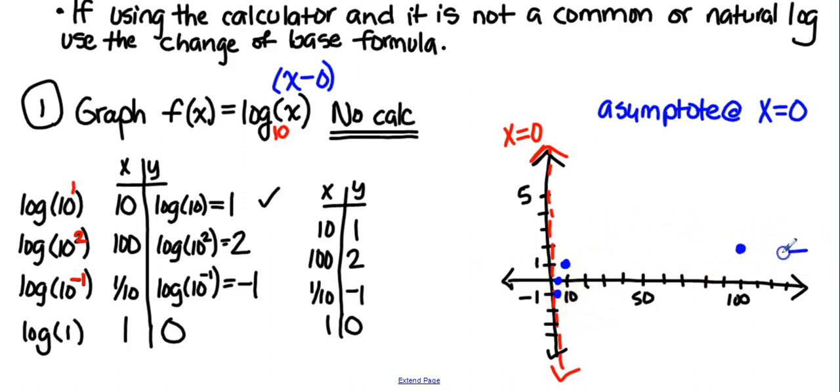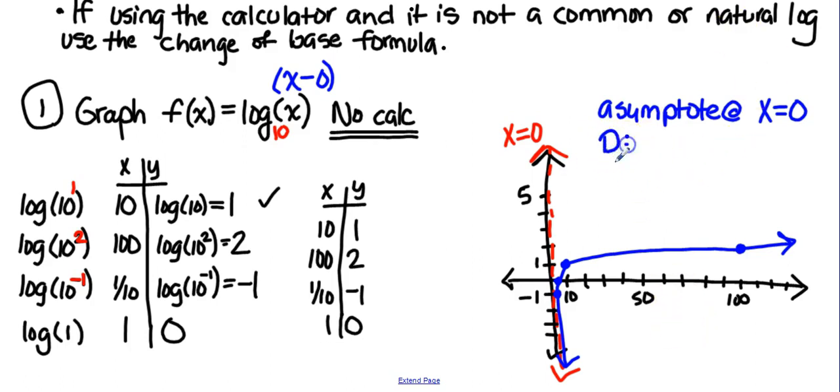We're ready to sketch the graph. Make sure we're using pencil. Remember, super close to the asymptote, but we'll never cross. And our graph is complete.